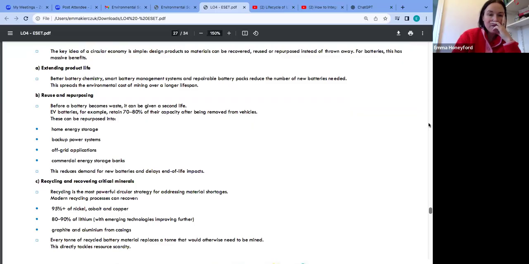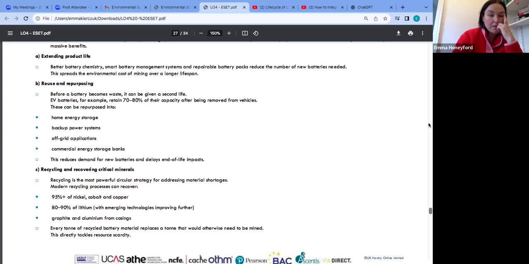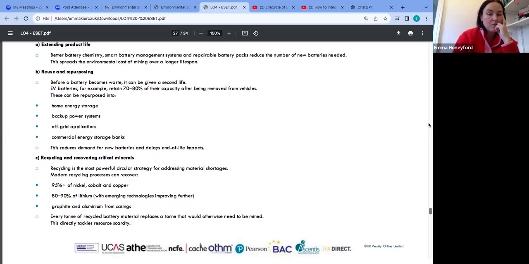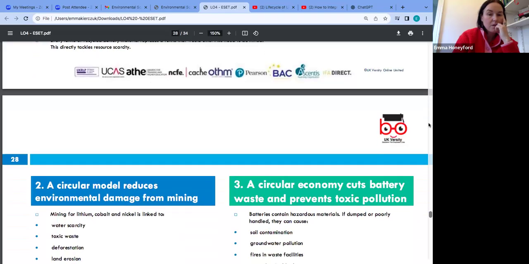So recycling can recover different types of materials, and this is one way to keep the products in use, rather than just go to landfill and have detrimental environmental impacts. So every tonne of recycled battery material replaces a tonne that would otherwise also need to be mined, so this directly tackles resource scarcity.